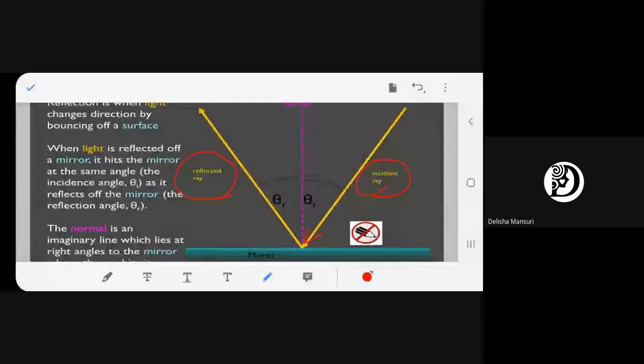It becomes the reflected ray. Any problem? We are drawing an imaginary line that is called the normal, which lies at right angles to the mirror. You agree? It's making 90 degree. Right?